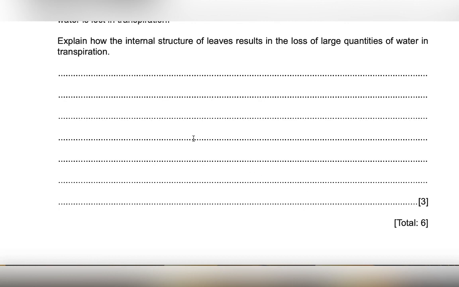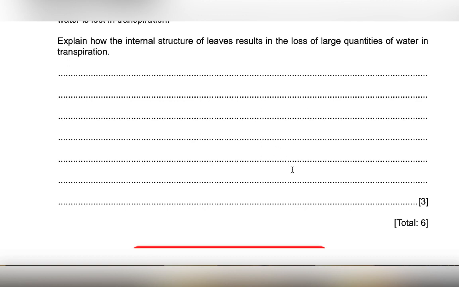So this water is lost in large quantity because of high temperature that heats the leaves, and the water evaporates from the mesophyll cells of the leaf.